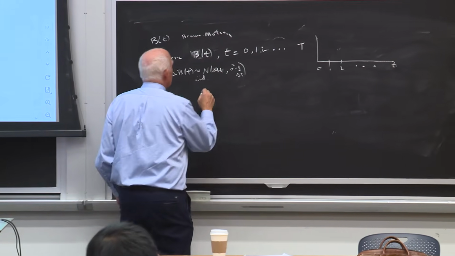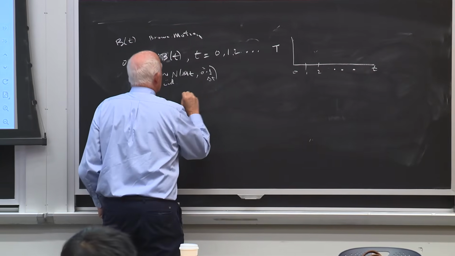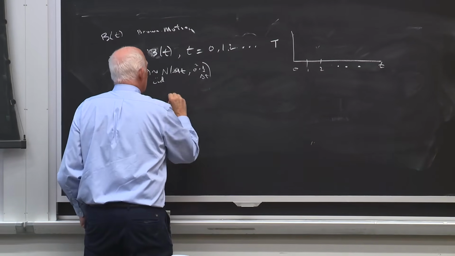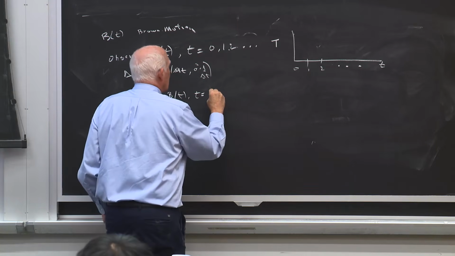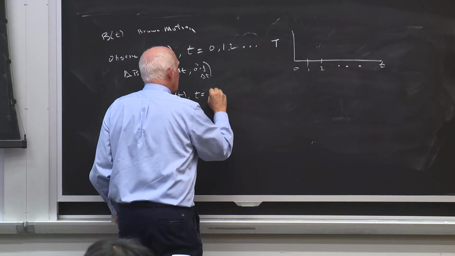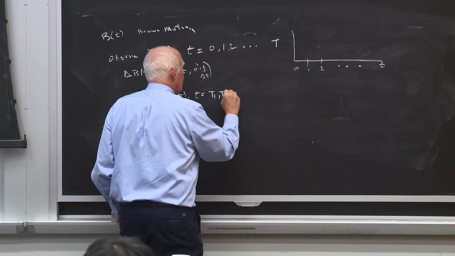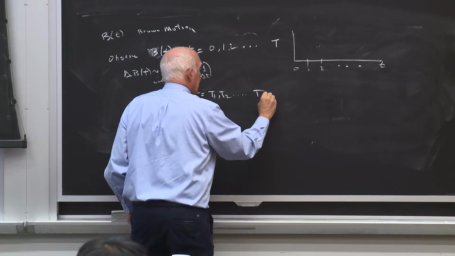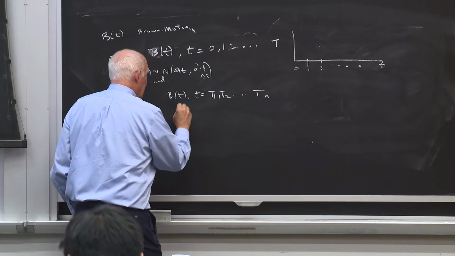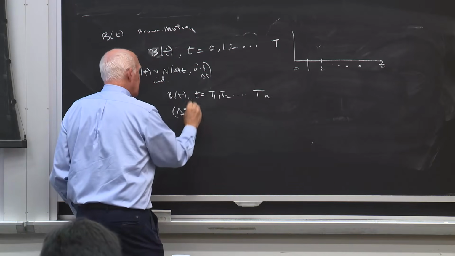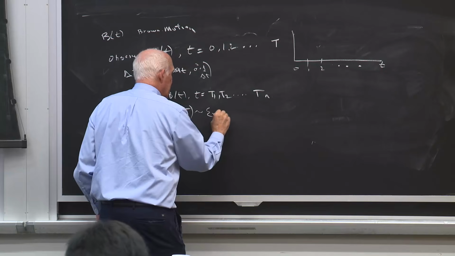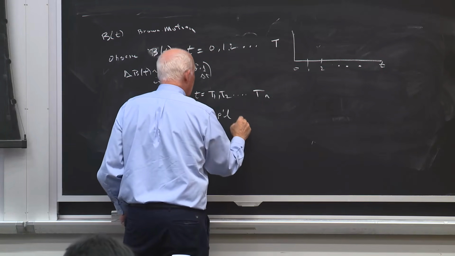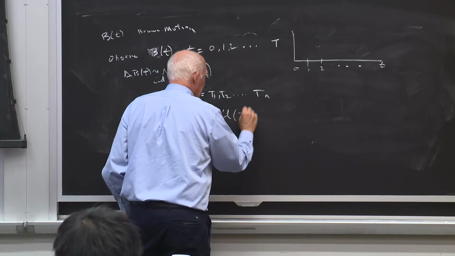So we have B of t for t equal to T1, T2, up to Tn, where the delta t's, the increments of time, are distributed as an exponential random variable with some mean lambda, say.